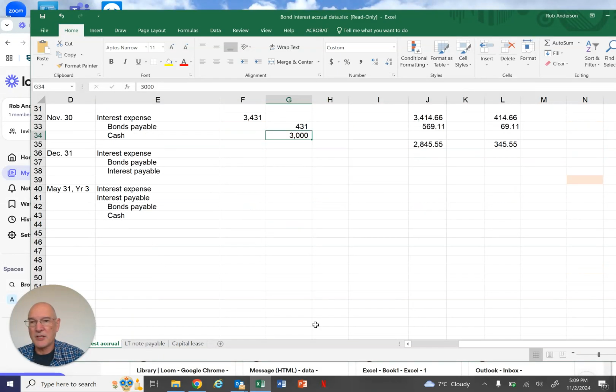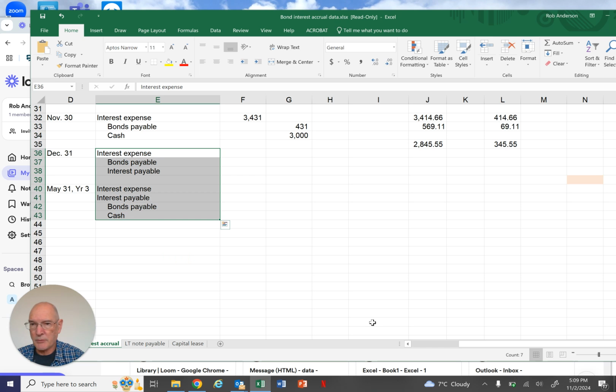But along comes another year and we have to accrue interest once again on December 31 and then calculate the other 5 months again the next May 31. So this that you have in front of you, here we have the same account titles that we're going to be using every time, but we need the new numbers.